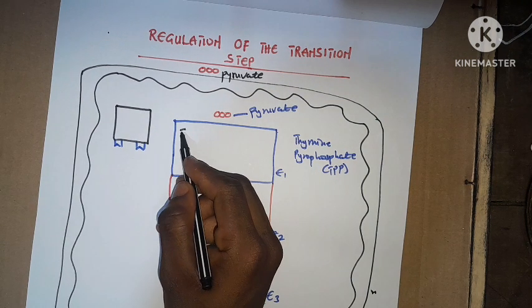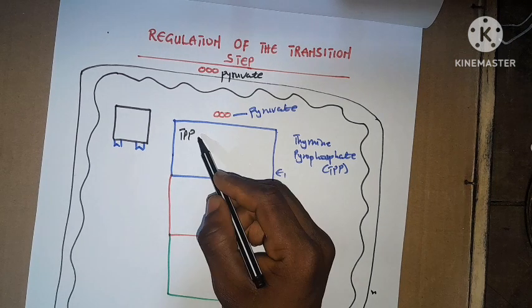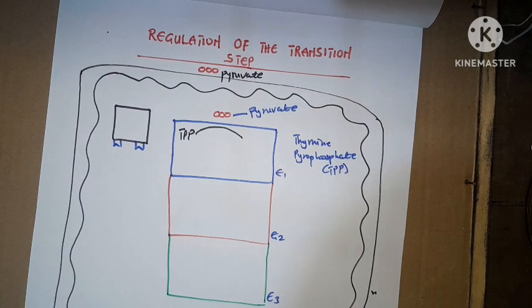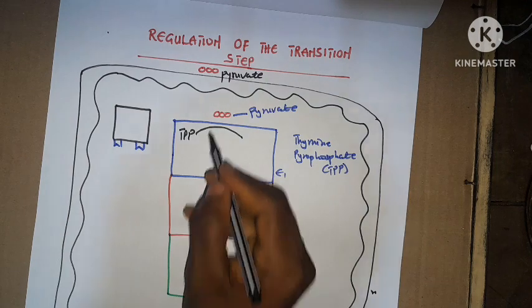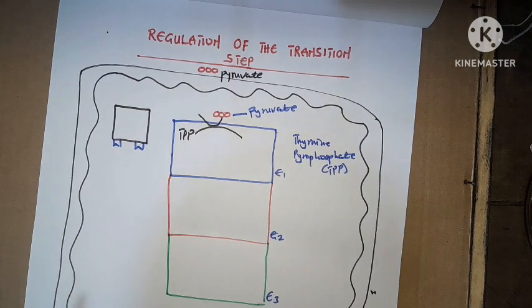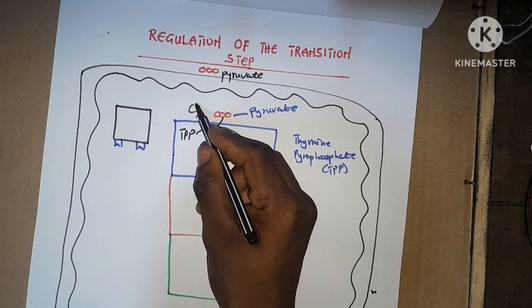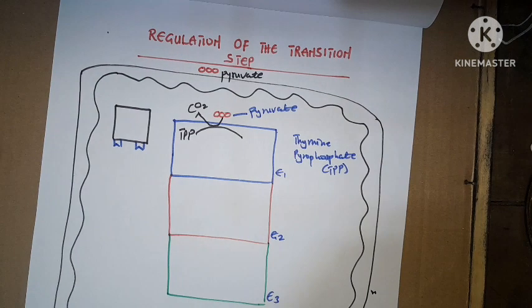So TPP is going to react with this pyruvate, and when it does that, a carbon atom will pop out in the form of carbon dioxide.